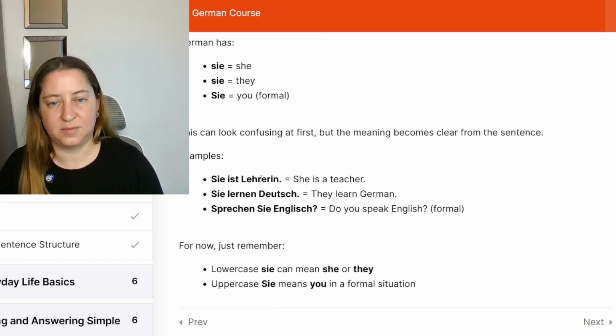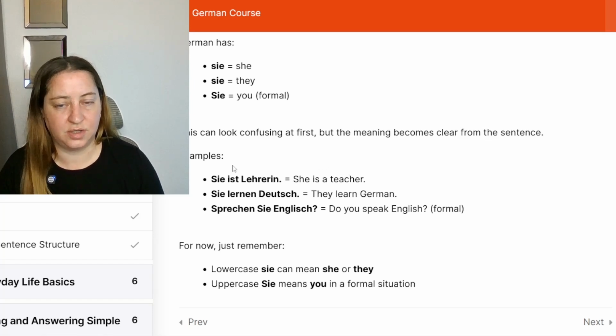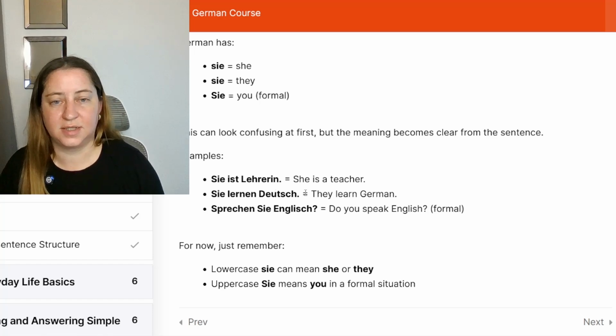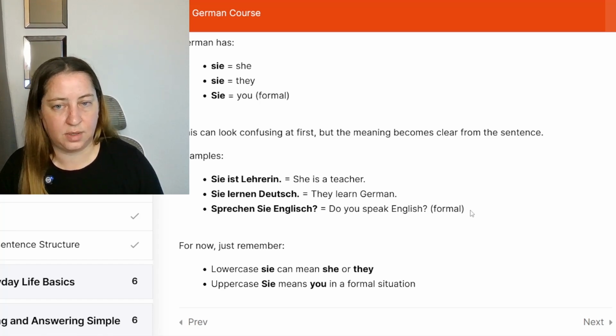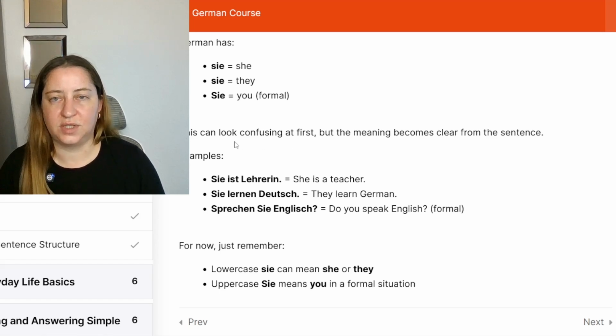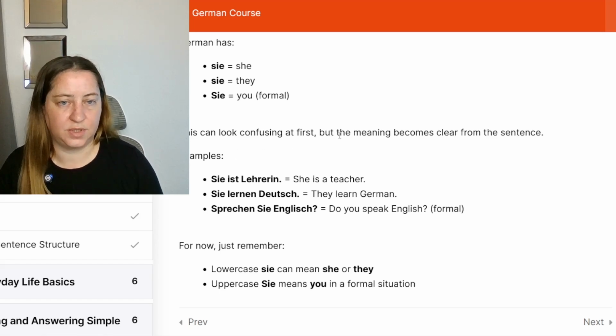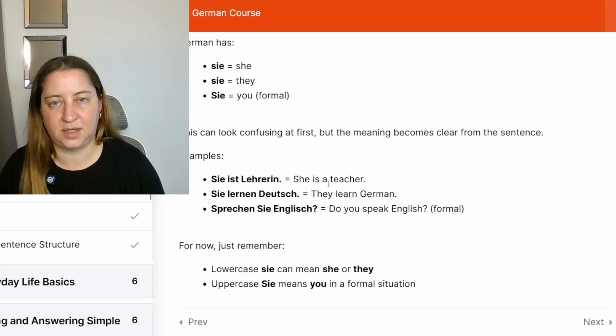So, sie ist meine Lehrerin. She is my teacher. Sie lernen Deutsch. They are learning German. Sprechen Sie Englisch? Do you speak English, formal? Once you learn to conjugate the verbs, you'll be able to distinguish between the different forms of sie.